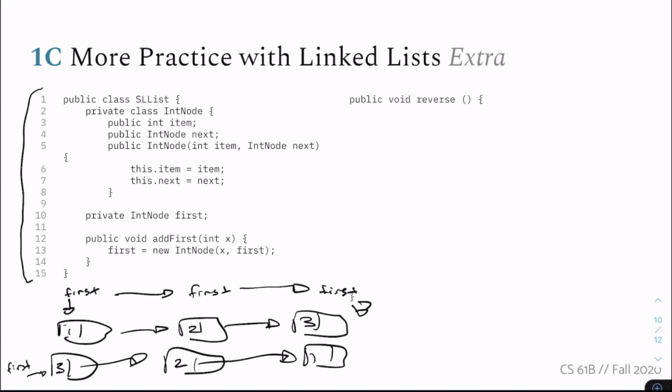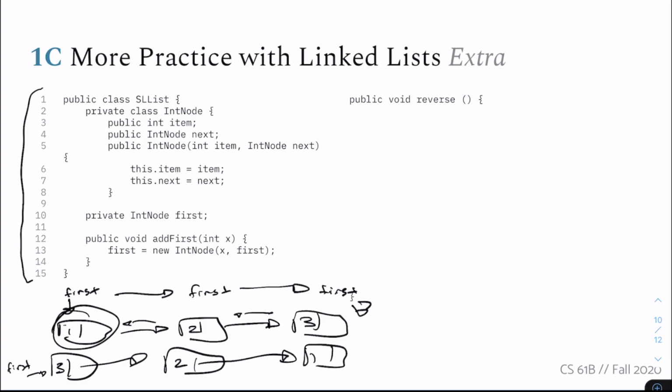Now the next thing we have to do is flip all of these arrows. And how do we do that? What we actually have to do is have another pointer, because once we've moved first down by 1, we have no more access to this node because it's singly linked, right?